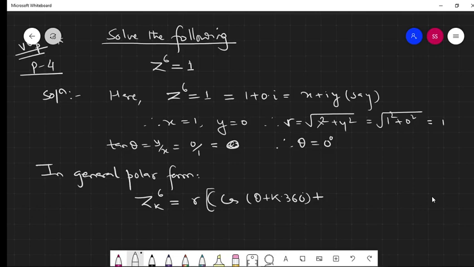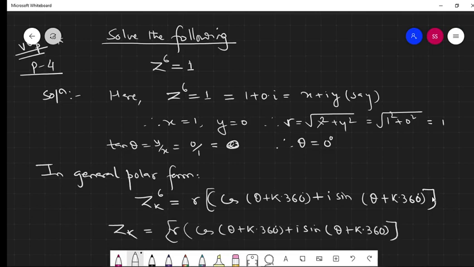Then just simply zk equal r cos theta plus k times 360 degree plus i sin theta plus k times 360 degree, whole power 1 by 6, means raising power 1 by 6 on both sides like that. Okay, that's zk only equal to this.